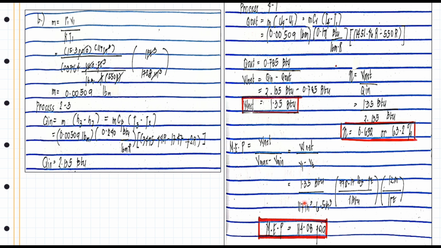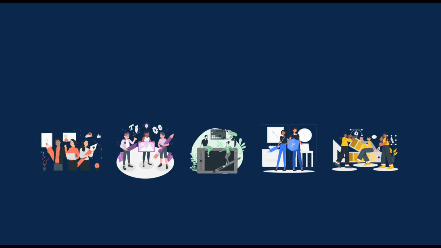So we have 1.35 BTU over 117 cubic inches minus 6.5 cubic inches, times 778.17 lbf feet over 1 BTU times 12 inches over 1 foot. So cancel the same units. So our MEP is equal to 114.08 psia.